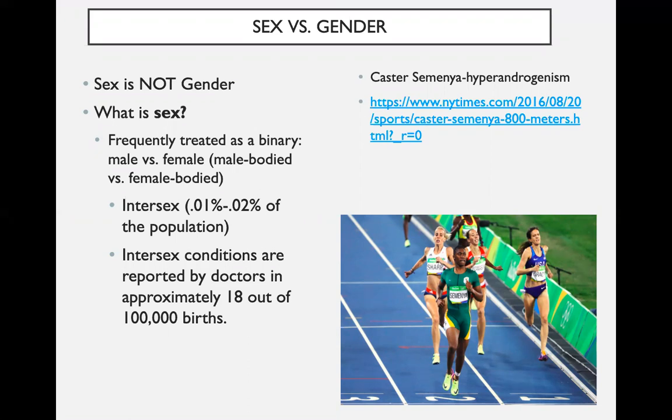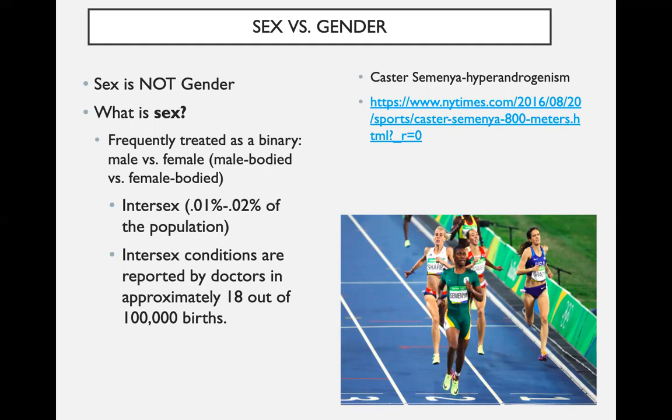Sex is not the same thing as gender, and hopefully this will become more clear when we discuss what gender is. But sex is frequently treated as a binary, right? We say you are born male or female, or male-bodied or female-bodied. You're XX, you're XY. So we speak about this in terms of your sex chromosomes, your sex hormones, and your sex organs.